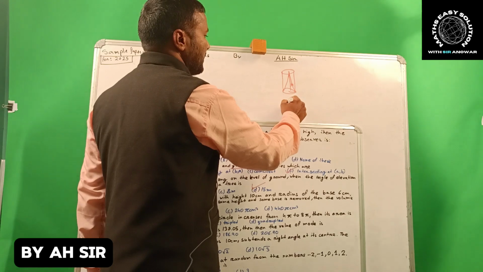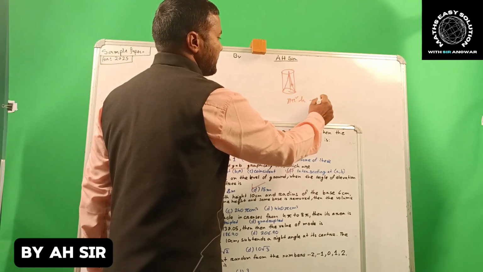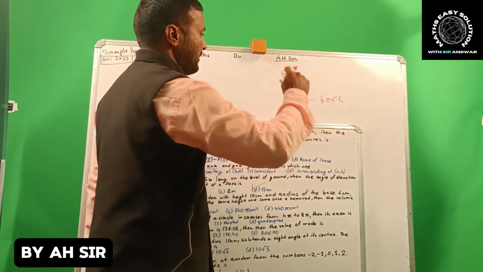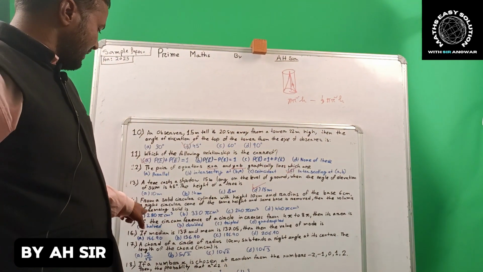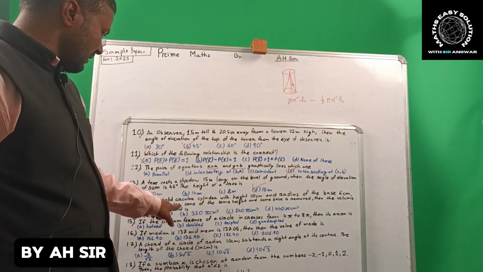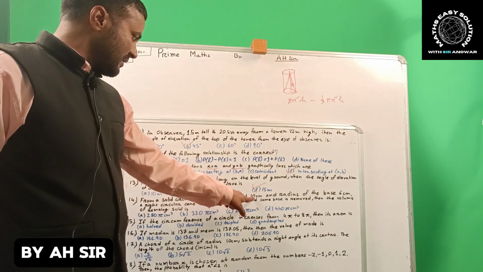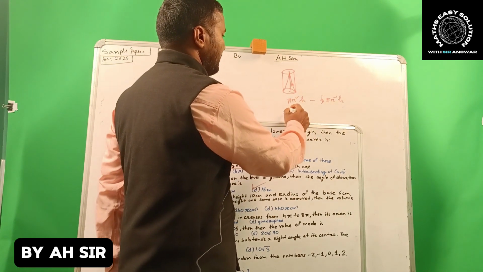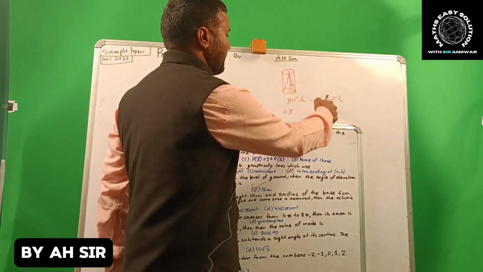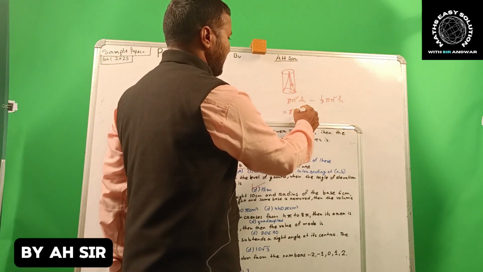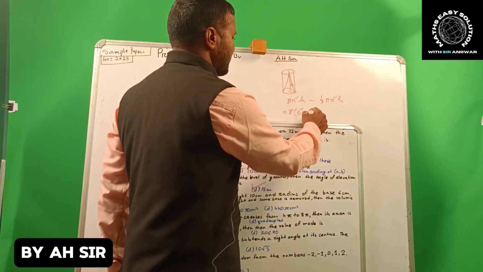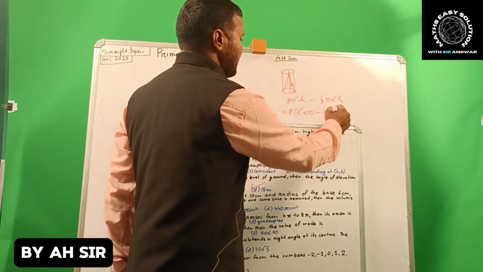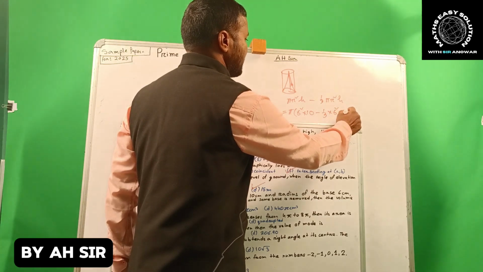So volume of cylinder is pi r square h minus 1 by 3 pi r square h. Now as you see here, radius and height are the same. Height is 10 and radius is 6. If we apply here, pi is common, radius is 6, height is 10, minus pi is common, 1 by 3, radius is 6, height is 10.